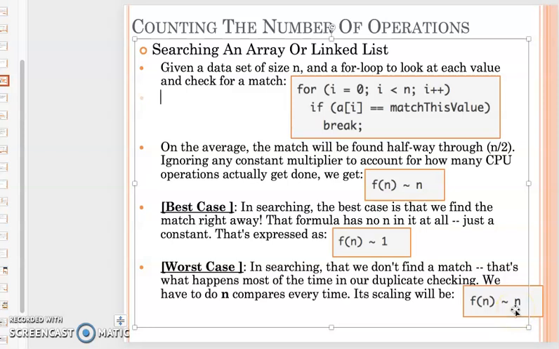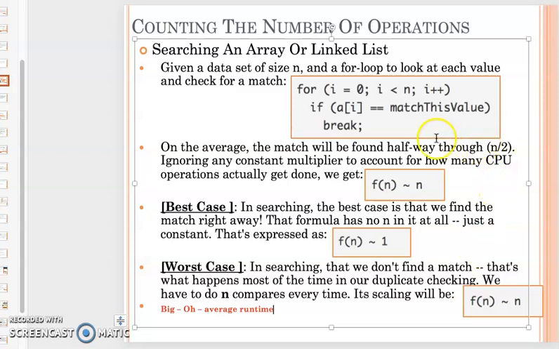Here I just want to tell you that when we talk about big O runtime, we are not evaluating the best case, and we are not evaluating the worst case. When we use big O notation, we consider the average runtime.